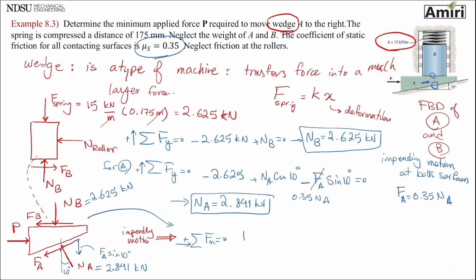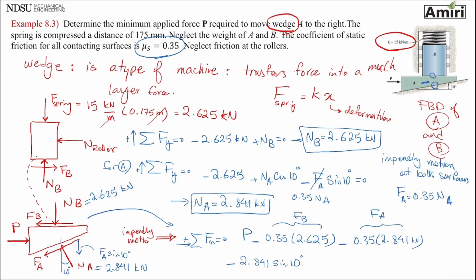I have P minus FB, which is 0.35 NB, minus FA, 0.35 times 2.841, and the only other thing left is the x component of NA, which is minus 2.841 sine 10 equals 0.